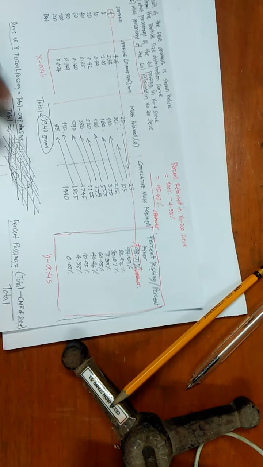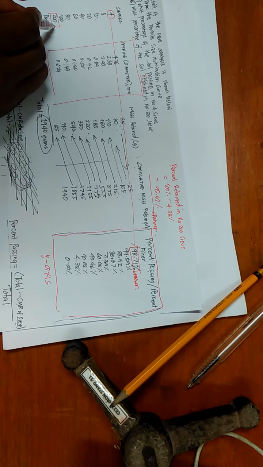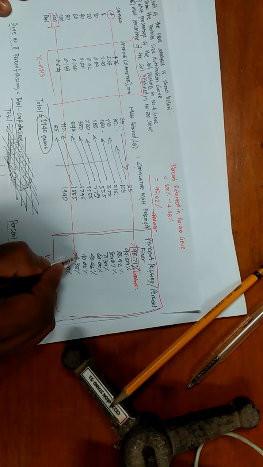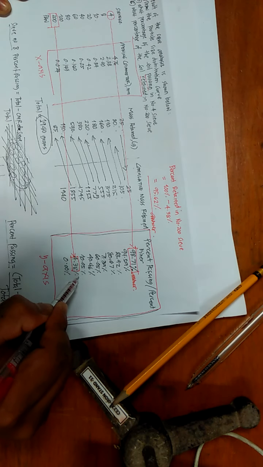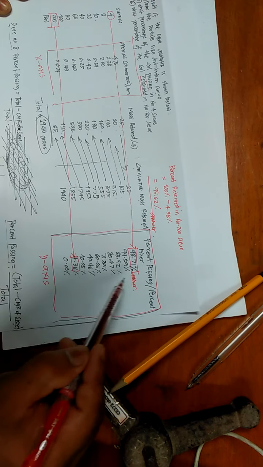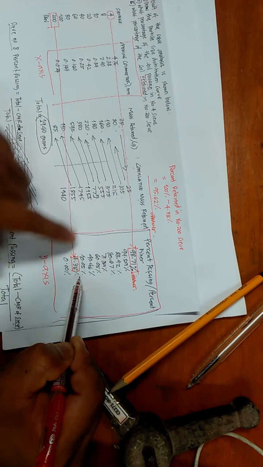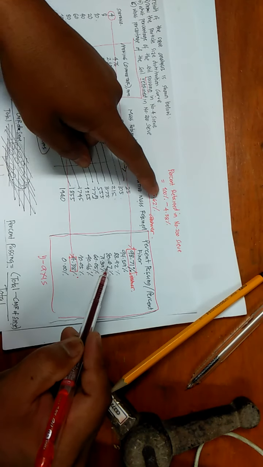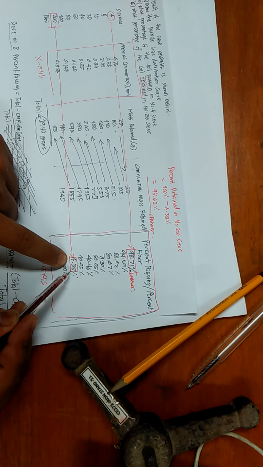So this one is our answer. So, paano nangyari yun? Sa sieve number 200 mo kasi, your percent passing is 4.38. Percent passing yan. So, saan yung na-retain? Yung sa taas. So, paano mo malalaman yung percent retained? Siyempre, all you need to do is a total of 100% minus percent passing for your sieve number 200, 4.38.